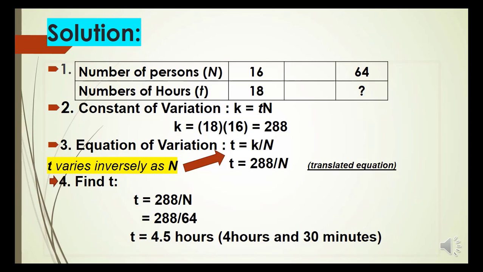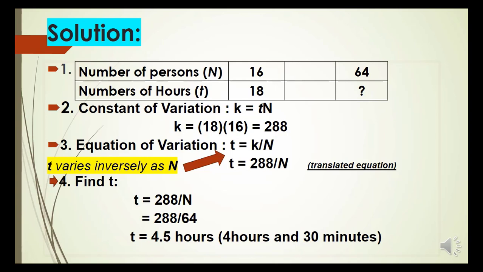Step number 2. Constant of variation. k is equal to t times n. Or use the first part of the given in the equation. 18 for t, 16 for n. Or just simply multiply them. 18 times 16, we have 288, the value of k.